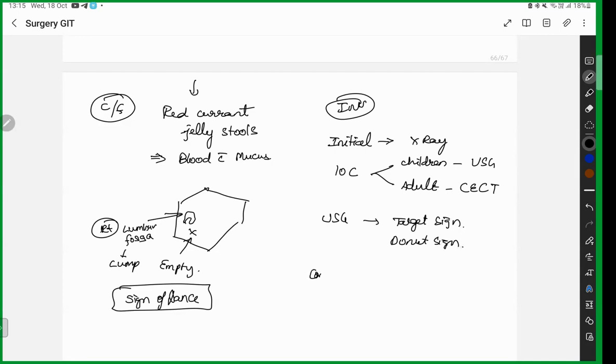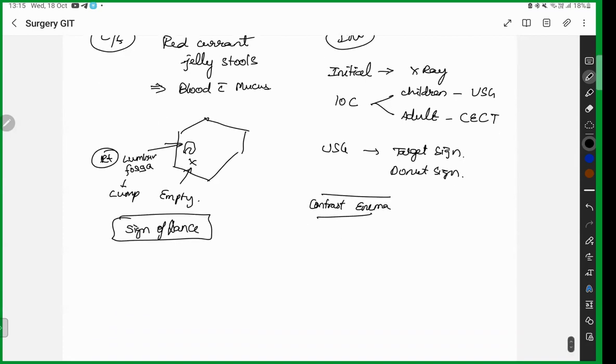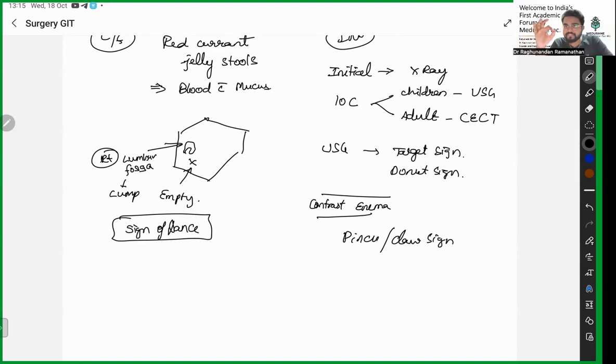Then you can go for contrast enema. In contrast enema, what do you see, guys? You're going to see a pincer or claw sign. Just like in developmental milestones, we have the immature pincer and the mature pincer grasp. Plus, another important point is the claw sign.